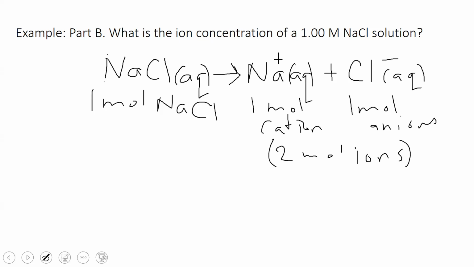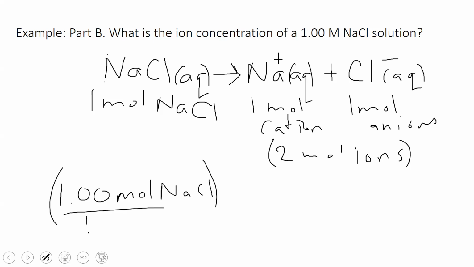And so now we can say, for every 1 mole of sodium chloride per liter of the solution, and SOLN is my abbreviation for solution, I know that for every 1 mole of sodium chloride, I get 2 moles of ions.